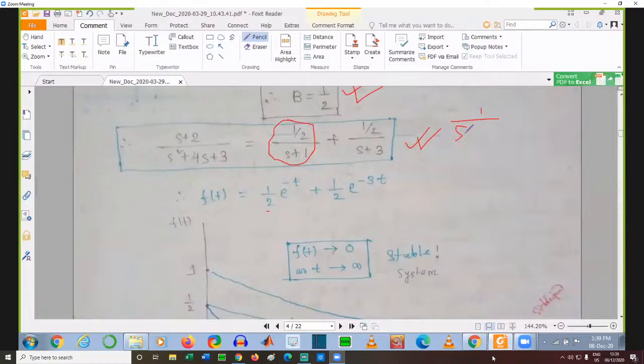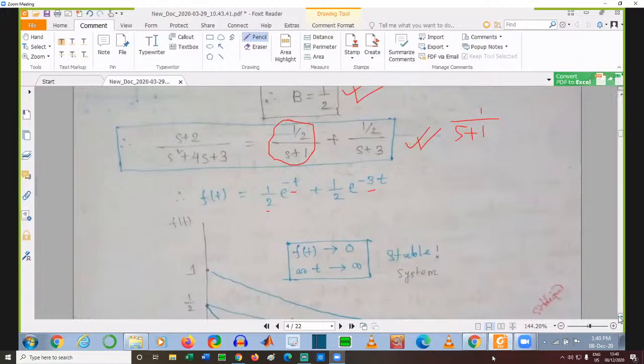Yes, that is what you should remember from chapter 2. So that is half e to the power minus t. Then here also you can write half e to the power minus 3t. So one is minus t and one is minus 3t.